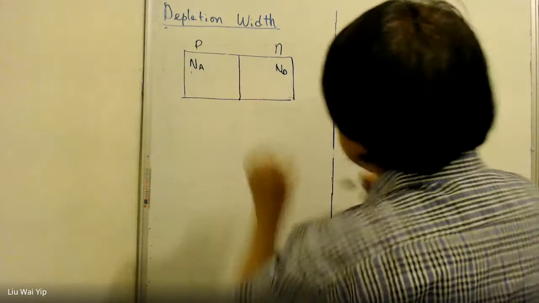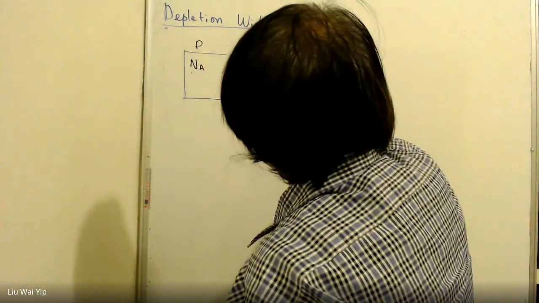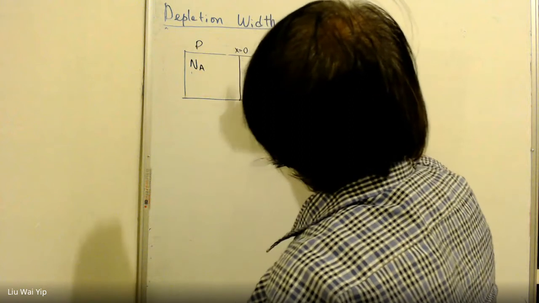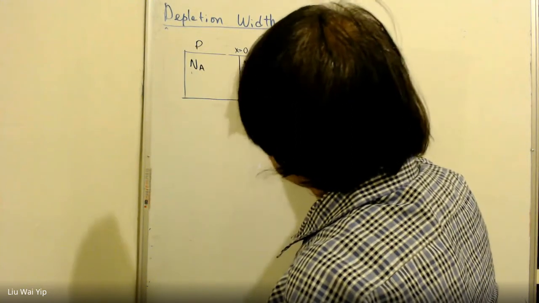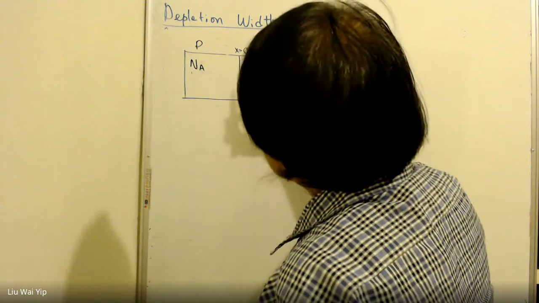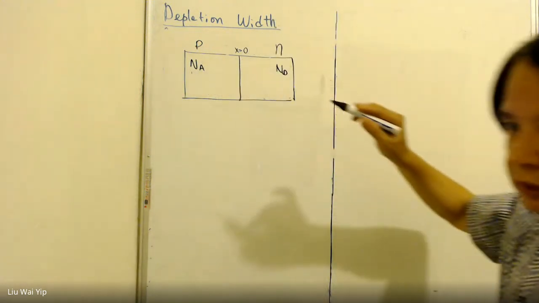At the interface, where x is equal to 0, the electrons in the N region would jump across the border into the P region because of the concentration difference.